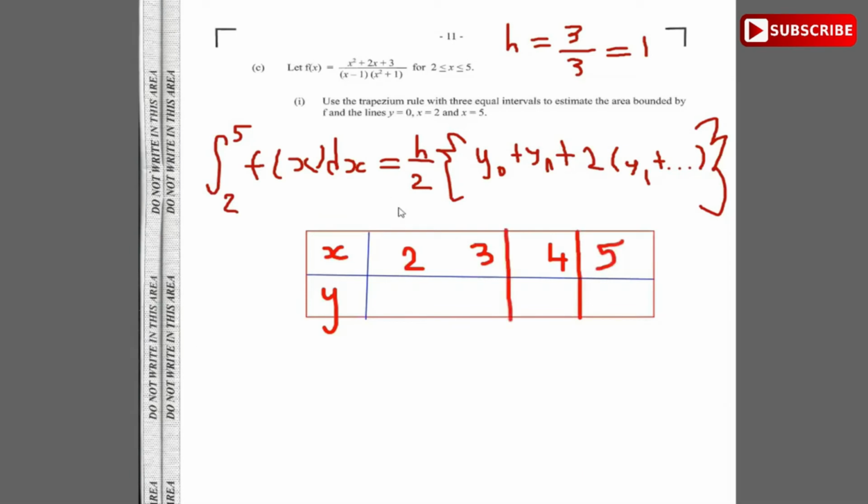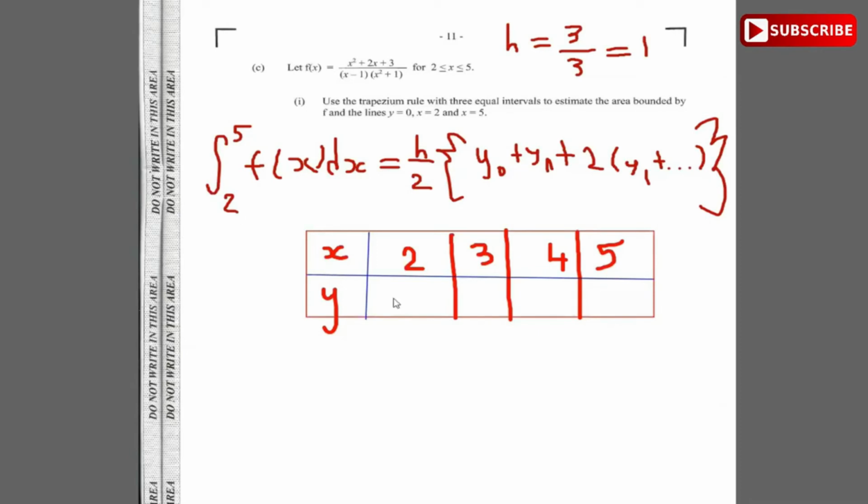Plug in 2. When x is 2, what would I get up here? 2 squared plus 2 times 2 plus 3, that's 11, divided by 2 minus 1 times 2 squared plus 1, and 2 squared is 4, 4 plus 1 is 5.